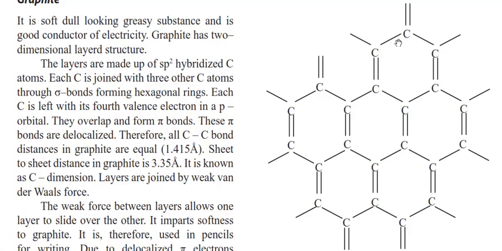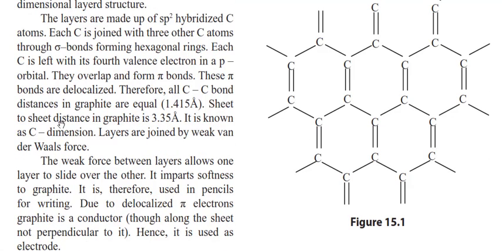The bond distance between two carbons is 1.415 angstrom, and as I told you, this is a layered structure. The distance between two layers is 3.35 angstrom, and the layers are joined by weak van der Waals force.